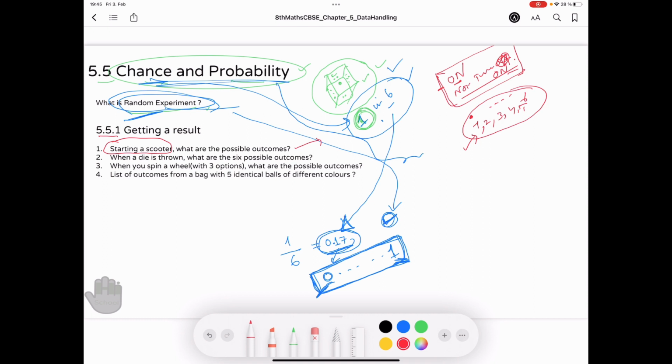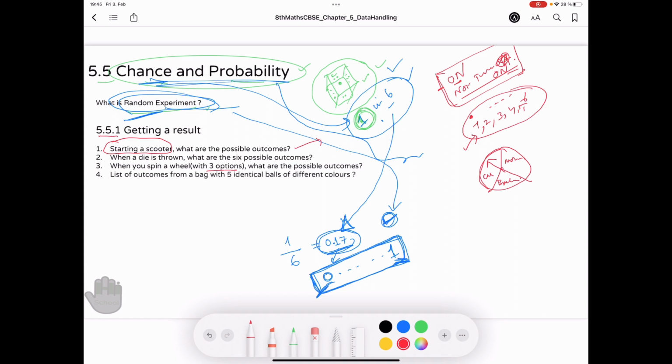When you spin a wheel with 3 options in it, there is a needle. Here you win, let's say, a car, here you win a motorcycle, here you win a simple bicycle. So there are 3 possible outcomes.